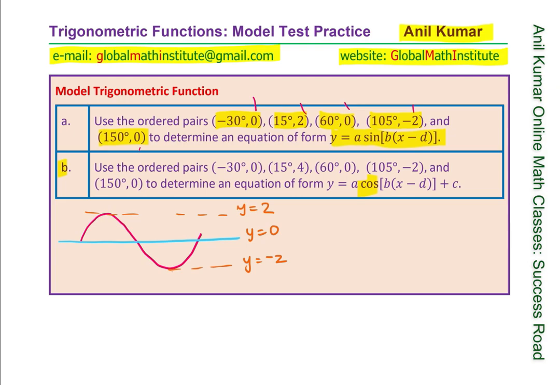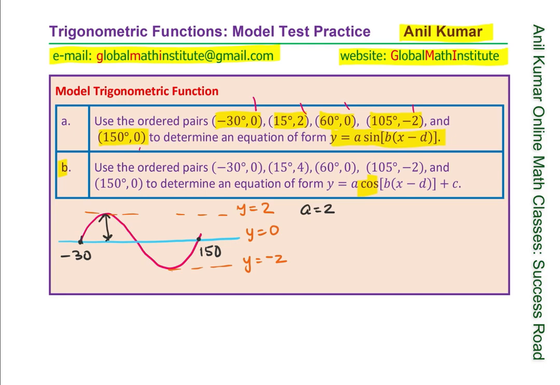Now, if I look at the starting point, which is right here at minus 30, and it ends at 150, that gives you the period of the wave. Amplitude we can get from the change. So amplitude A is equal to 2, right?